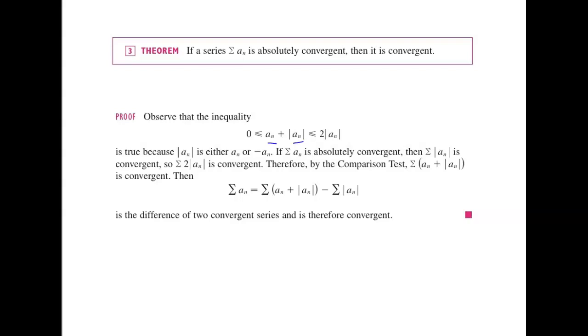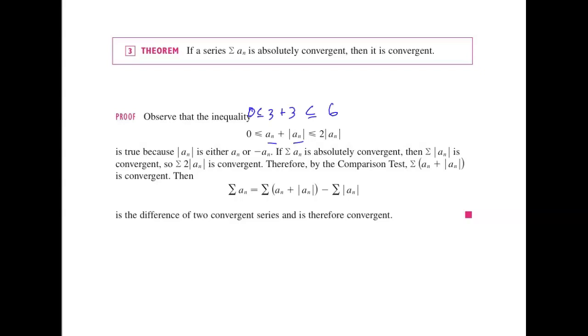If an is positive, say an equals 3, then what you have is 3 plus 3, which is 6, and 2 times that is 6, and that inequality holds, right? 6 is between 0 and 6, as long as we have the or equal to sign there.